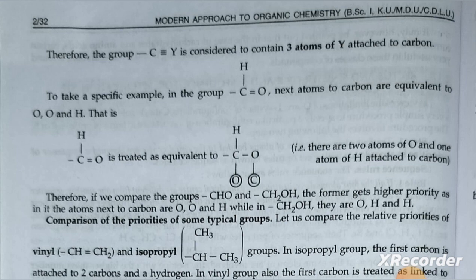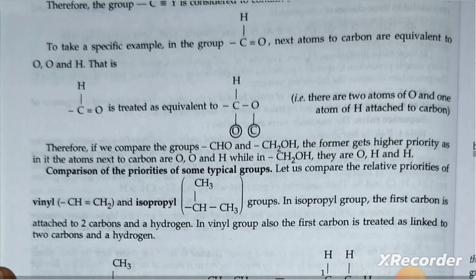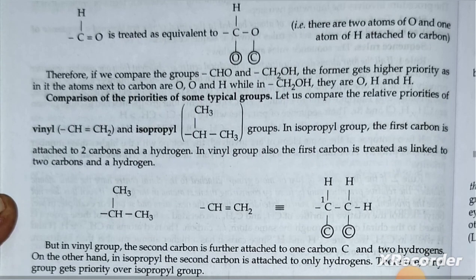It means there are two atoms of oxygen and one atom of hydrogen attached to carbon. Therefore, if we compare the groups CHO and CH2OH, the former gets higher priority as the atoms next to carbon are oxygen, oxygen and hydrogen, while in CH2OH they are oxygen, hydrogen and hydrogen.